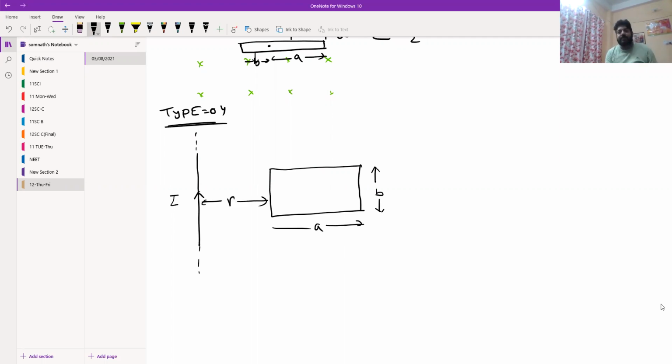The question is to find the total flux in the rectangular loop.